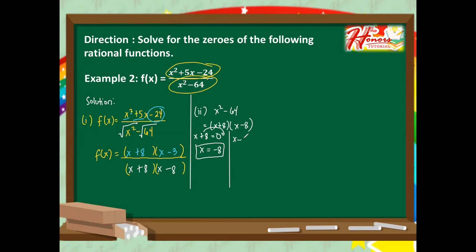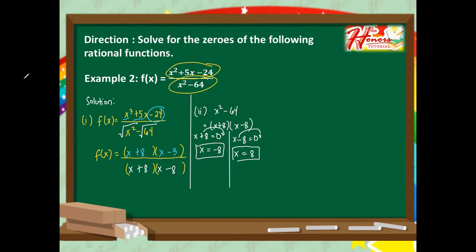So that is x minus 8 equated to 0. And then let's have x here at the left side of the equation and transpose negative 8 to the right side. So it will become 8. We have here two restrictions, negative 8 and 8.